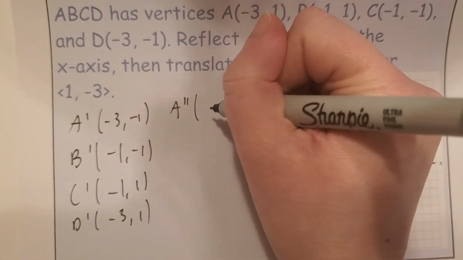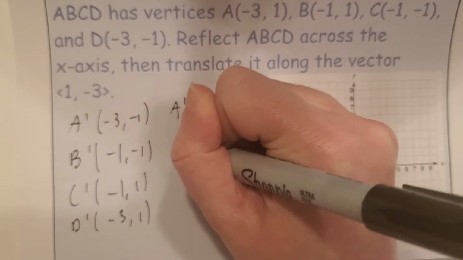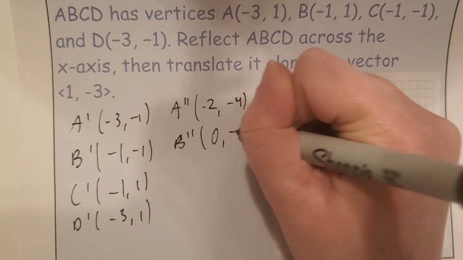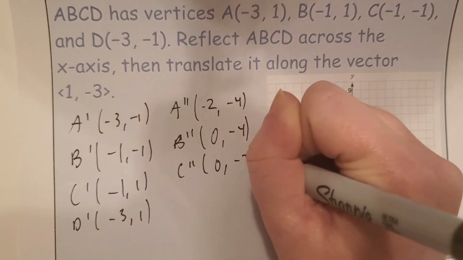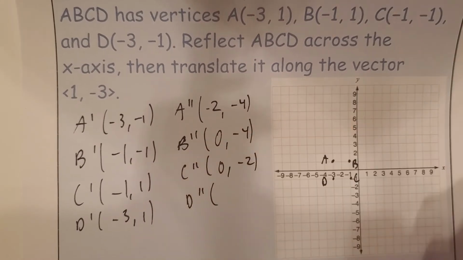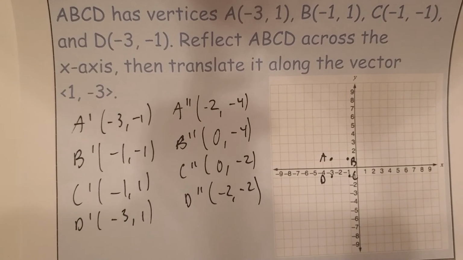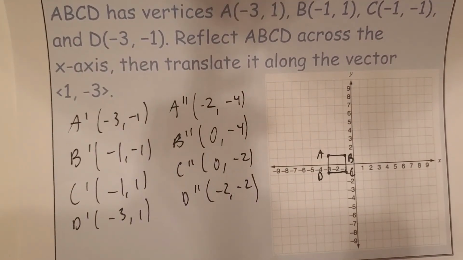So A double prime then is going to be -2, -4. B double prime is going to be 0, -4. C double prime is going to be 0, -2. And D double prime is going to be -2, -2. So those are the only points that I'm going to plot. I just realized that I never connected these dots.